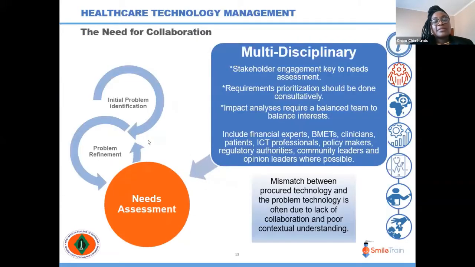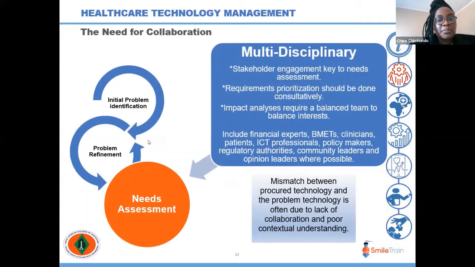What we have seen is that whenever there is a mismatch between our technology that we're working with and the problem we're trying to solve, it usually is reflective of there being poor collaboration across different teams or sectors, or a general poor understanding of the problem or the context.